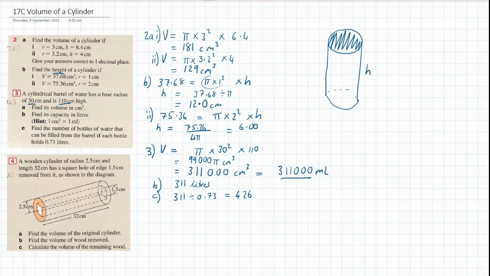Okay, now for number 4, we've got to find the volume of the original cylinder before we cut the square hole in it. So the volume is equal to pi r squared times the length. The radius is 2.5, and the length is 32 centimeters. 2.5 squared times 32 times pi gives me 200 pi.